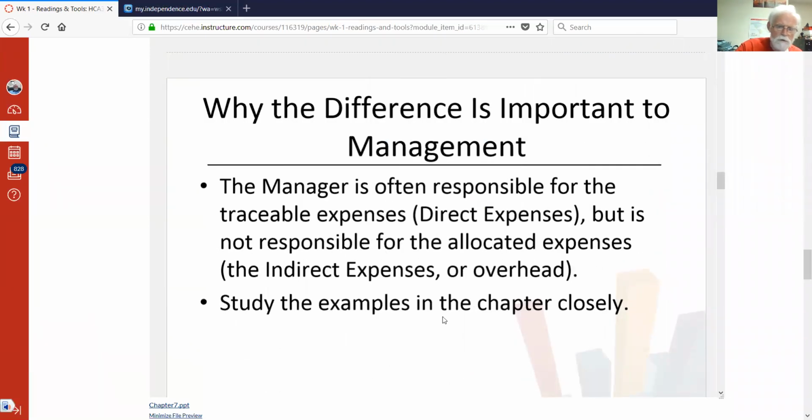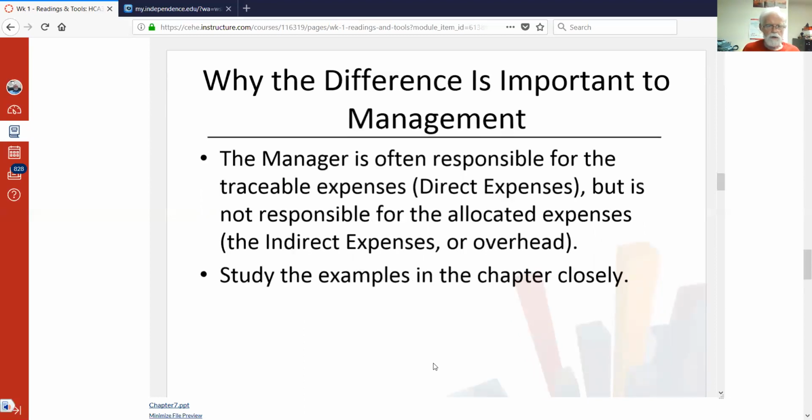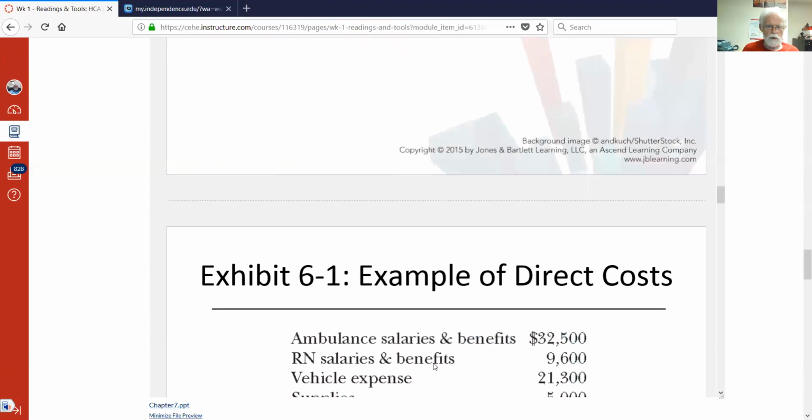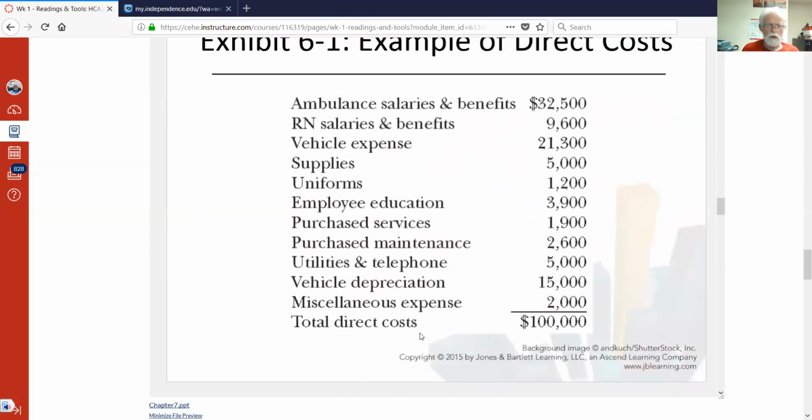Why is there a difference? The manager, in many cases, is really responsible for the direct expenses, and not the indirect expenses. So you may want to study those examples in there.